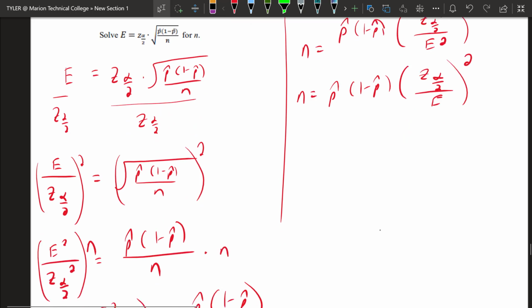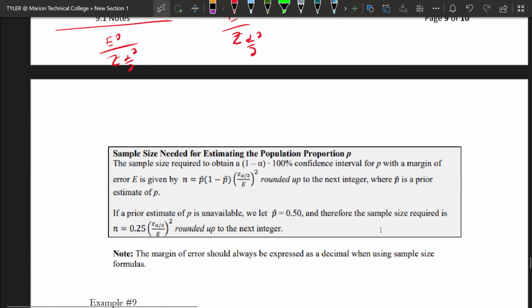And when you read below here in this box, it says if you know the margin of error and you know the population proportion, the point estimate p hat, then you're going to round up to the next integer.